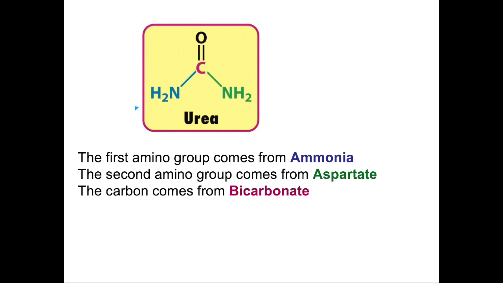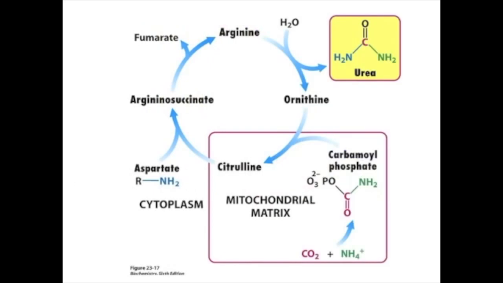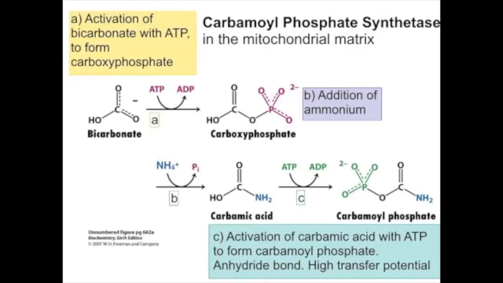Here we see the structure of urea. The first amino group comes from ammonium, the second amino group comes from aspartate, and the carbon comes from bicarbonate. The first reactions occur in the mitochondrial matrix, and the first major intermediate is carbamoyl phosphate. Carbamoyl phosphate is synthesized by carbamoyl phosphate synthetase, and this is a major point of regulation in the urea cycle.